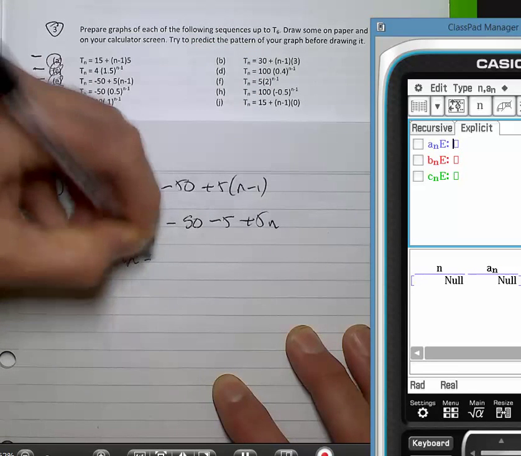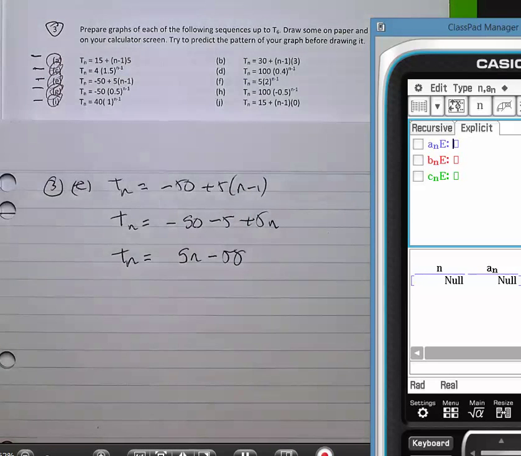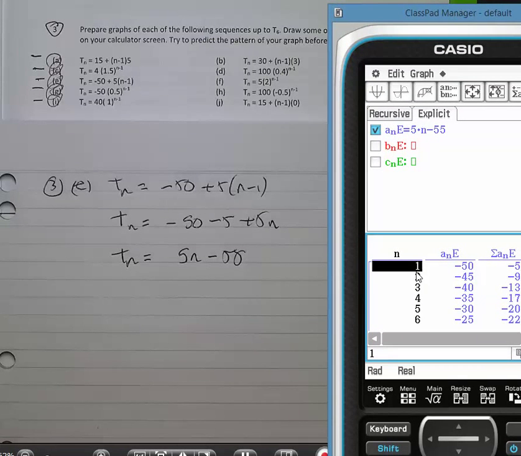So Tn is equal to 5n minus 55. Now, if I enter that on my calculator, I'll have 5n minus 55. I generate my table values, and you can see minus 50, minus 45, minus 40, minus 35, and so on.